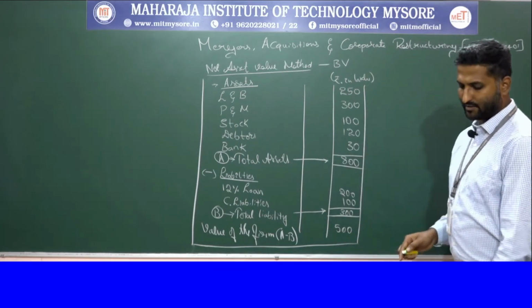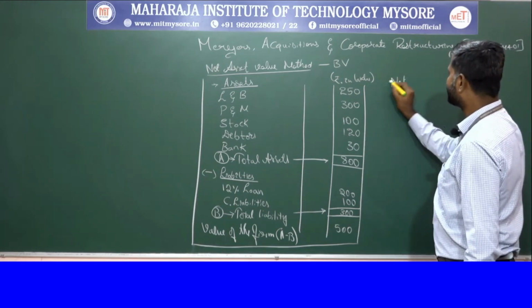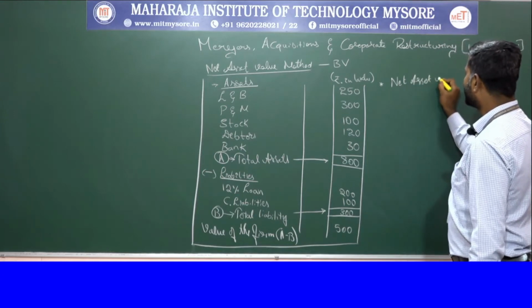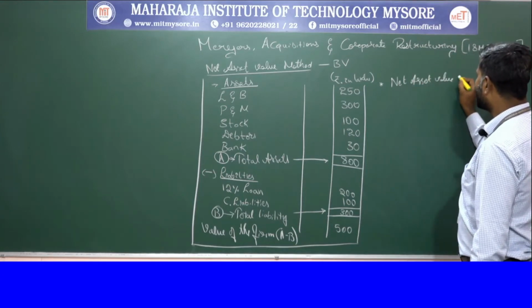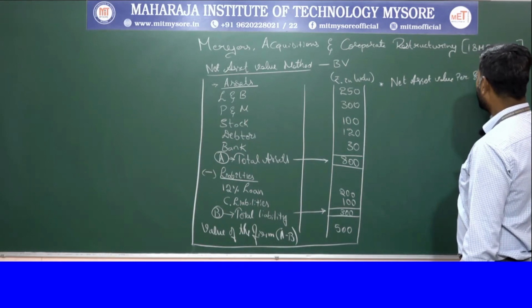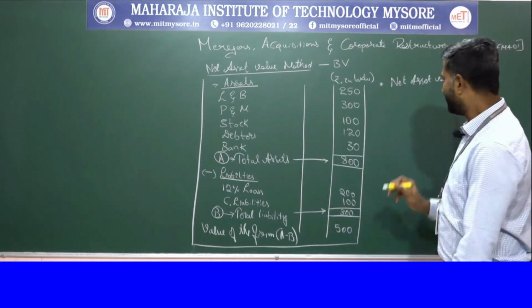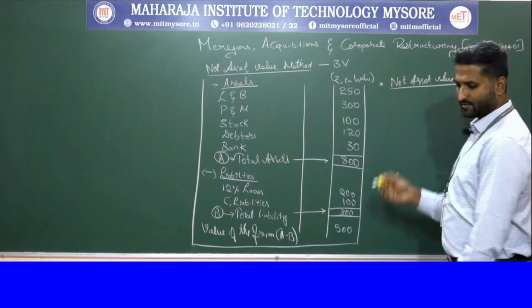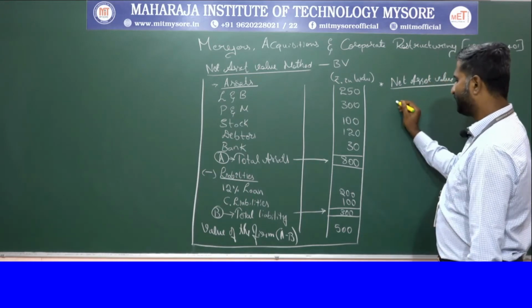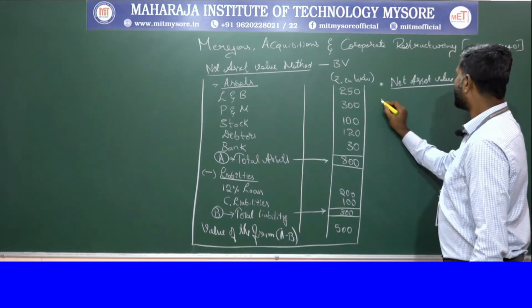For net asset value per share, you take the value of the firm which was calculated.